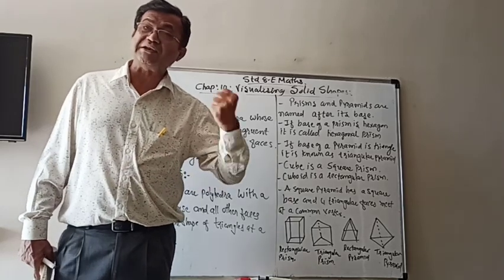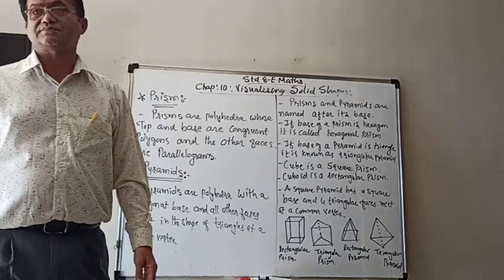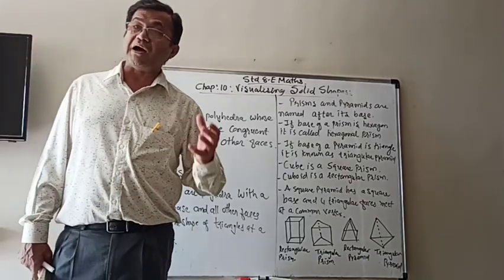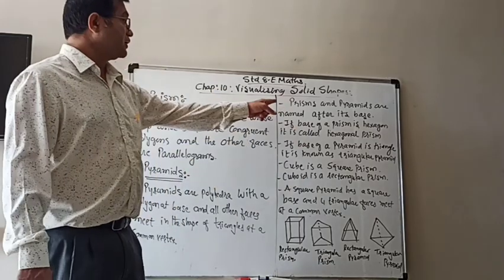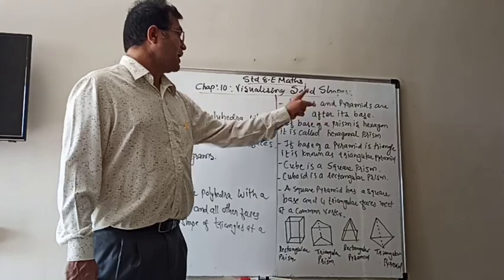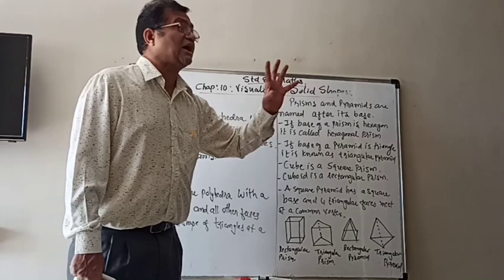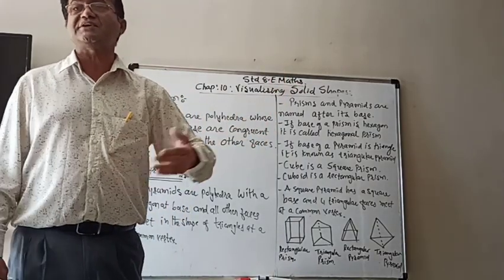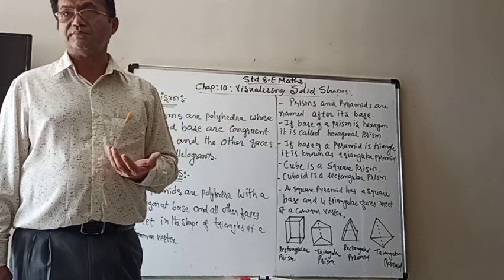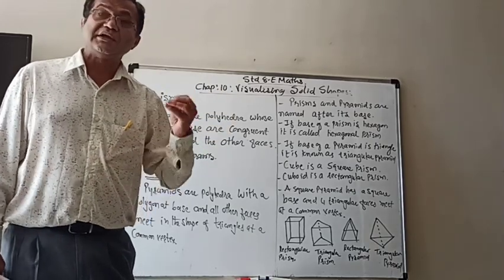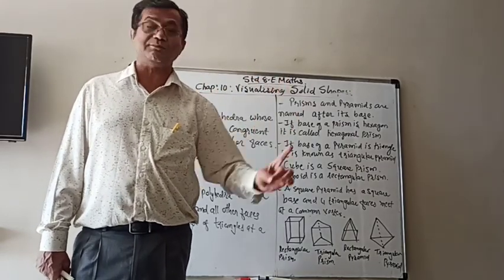Now how can we name prisms or pyramids? They are named according to the shape of their base. Pyramids and prisms are named after their base. Suppose the base of a prism is a hexagon; then the top and base are both the same in a prism, and therefore it will be named a hexagonal prism.